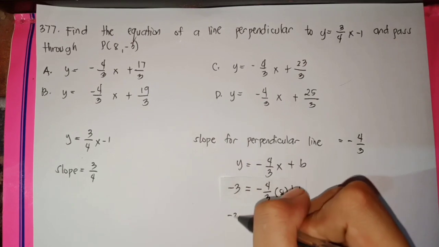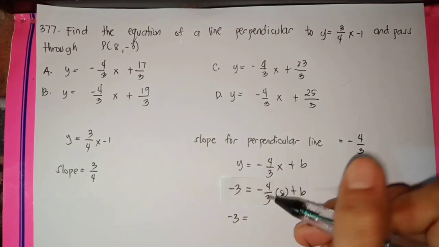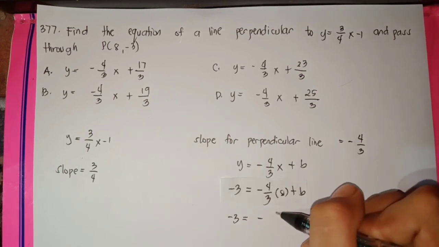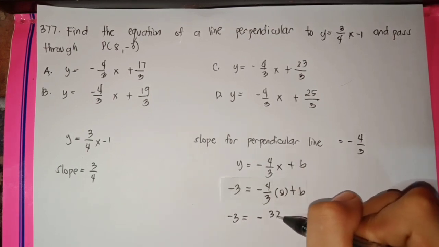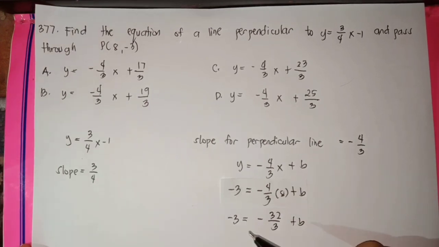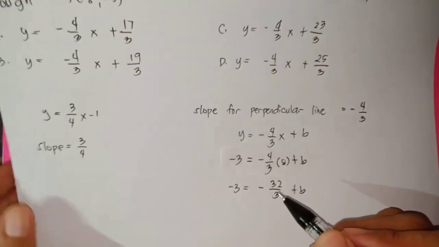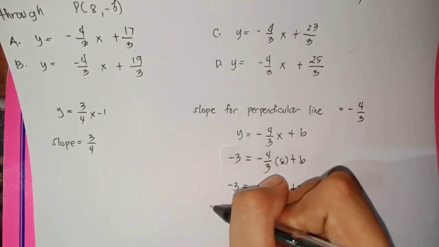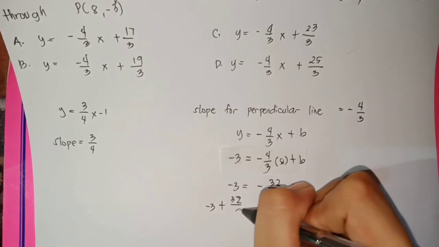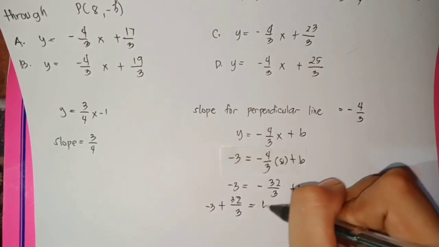Negative 3 equals negative 4 over 3 times 8, which becomes negative 32 over 3 plus b. Then transpose negative 32 over 3 to the other side. It will become negative 3 plus 32 over 3 equals b.